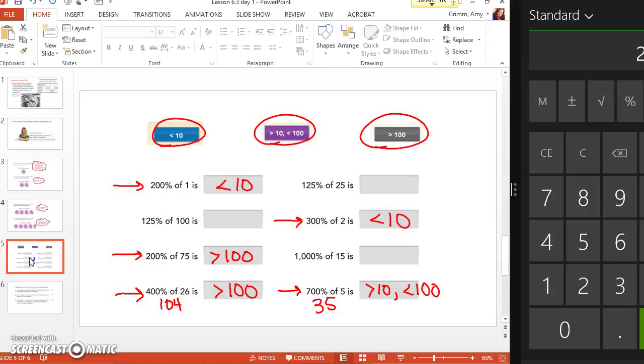All right. How did I get the 125 on which one? Oh, we're not there yet. We're stepping them up. Let's do this one. 1,000% of 15. Say it. 150. How'd you do that?